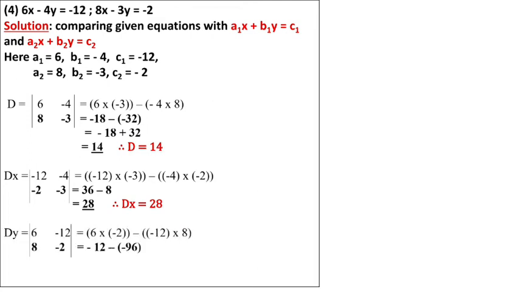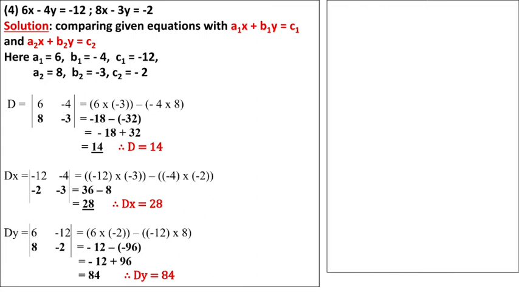For dy we will take what? a1 a2 and c1 c2. So 6 into minus 2 minus minus 12 into 8. 6 2s are 12, so here our answer is minus 12, minus 12 8s is 96, minus 96. We'll open the bracket, minus minus plus. Now 96 minus 12 we get 84. So the dy value is 84.